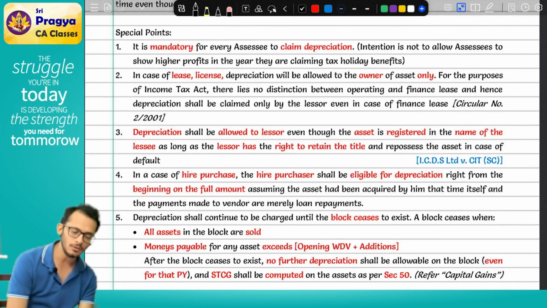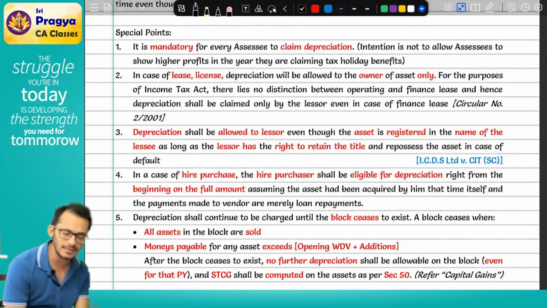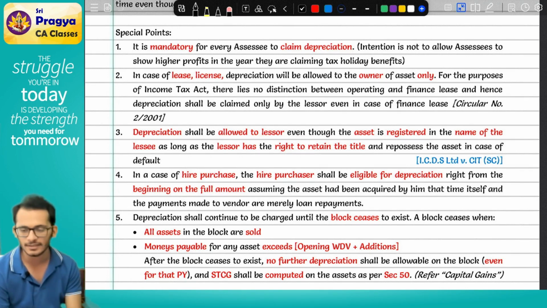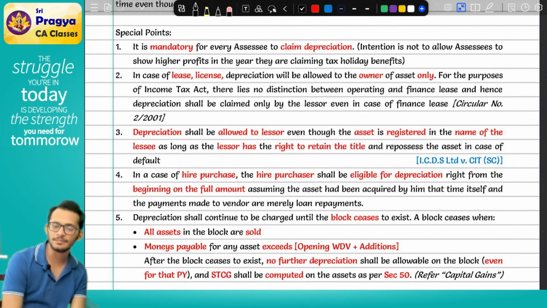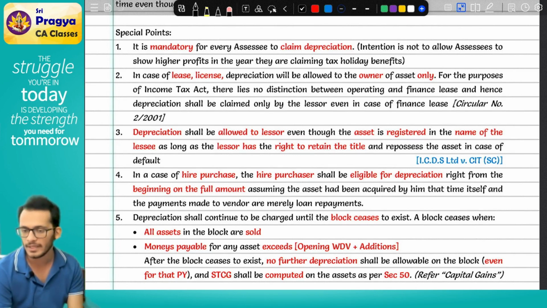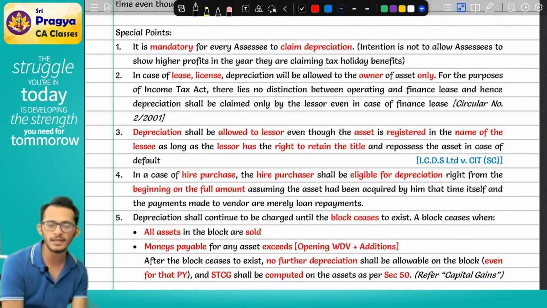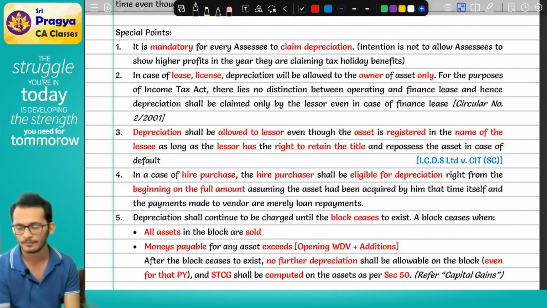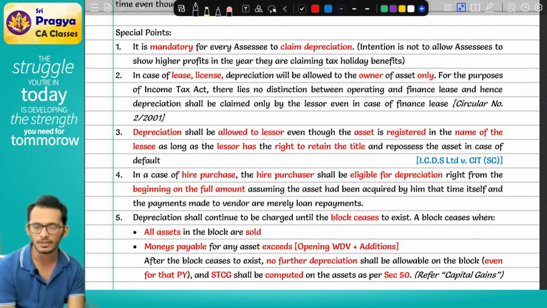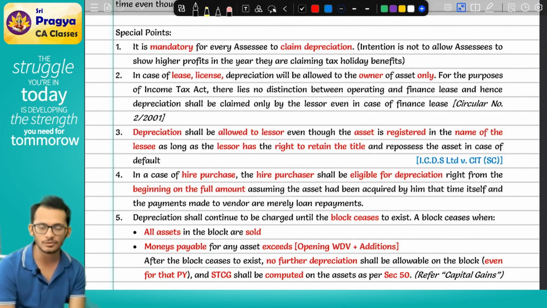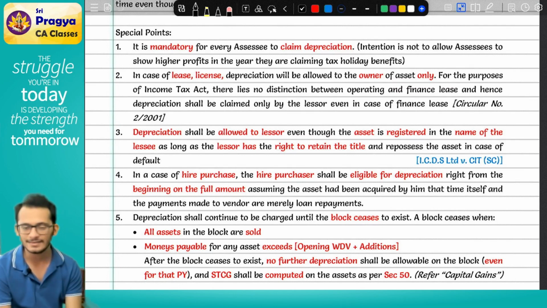Let's read rule number 2. It says, in cases of lease, license and all, depreciation will be allowed only to the lessor, who's the owner of the asset. Under Income Tax Act, there is no distinction between a finance lease or an operating lease. Even in case of a finance lease, income tax will only give you depreciation to the original owner, until and unless the asset is actually sold to the new lessee.